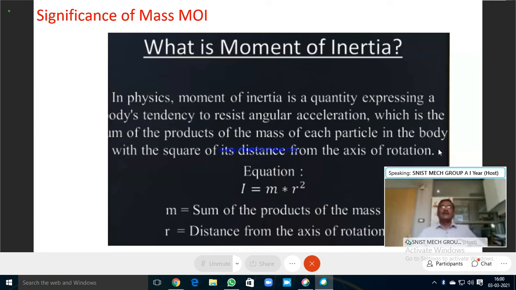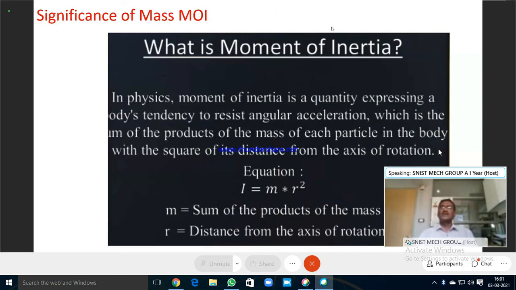Generally we call it moment of inertia, but when it is a body, it is mass moment of inertia. When it is with respect to a cross section or surface area, it is area moment of inertia. That you have to understand with regard to the problem. All of you please note down. Moment of inertia is a quantity expressing the body's tendency to resist angular acceleration, nothing but rotation.